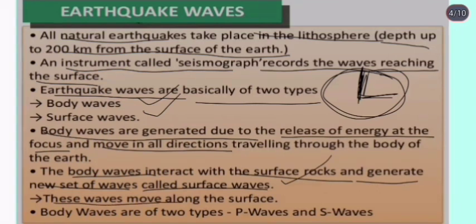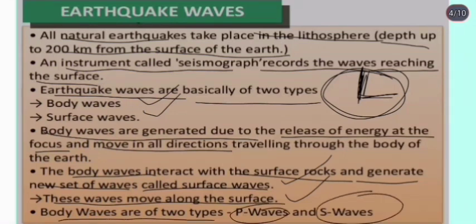These waves move along the surface. Surface waves move only along the surface, but body waves move in all directions throughout the body of the earth. Body waves are classified into two types: first P waves and second S waves.